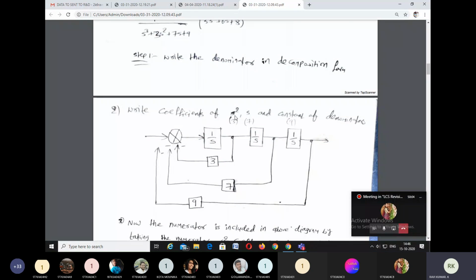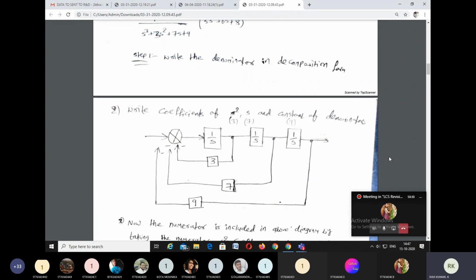After that, the s square coefficient is written as a block and given as negative feedback here, and the s coefficient 7 is also given as negative feedback from here to here. Observe the negative sign; it is negative feedback. The s square coefficient is 3, the s coefficient is already completed, and the constant is 9, given as the last feedback.